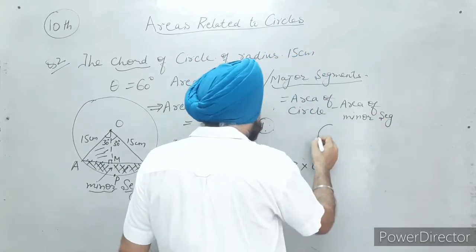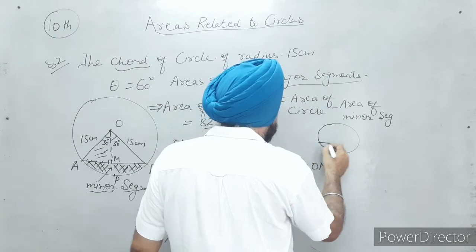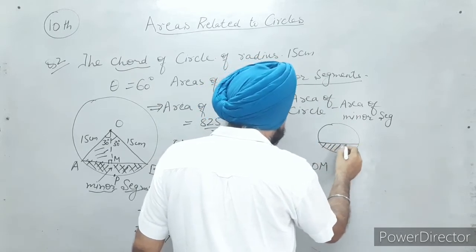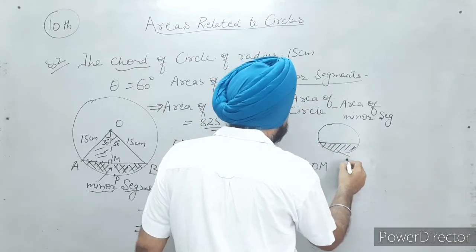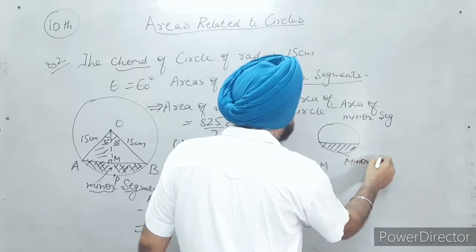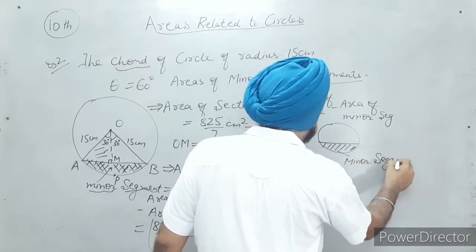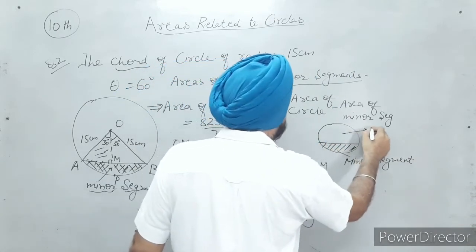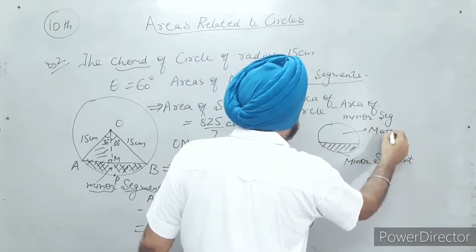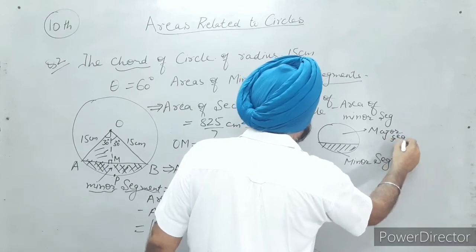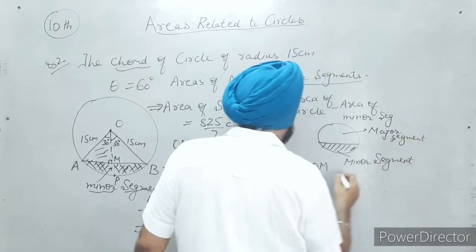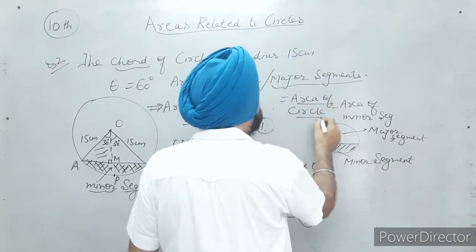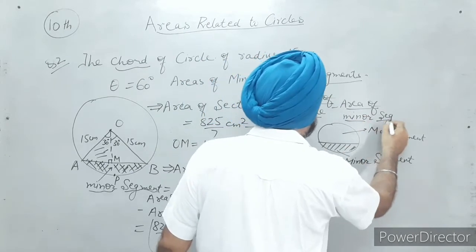Now, this was the circle. I calculated this area. This was the minor segment. I need the area of the major segment. This is equal to area of circle minus area of minor segment.